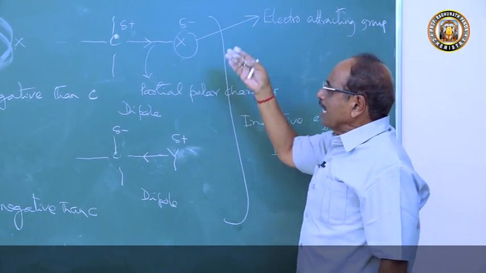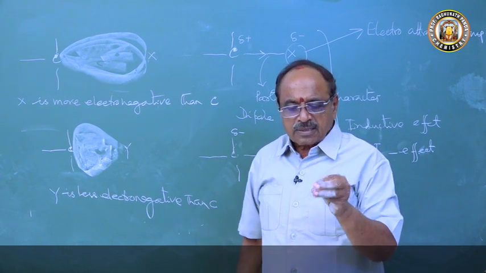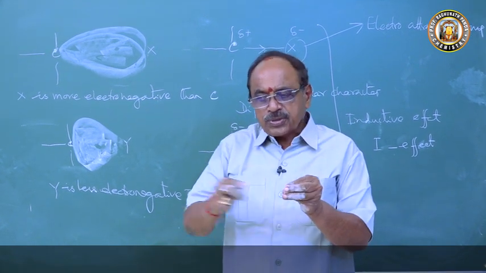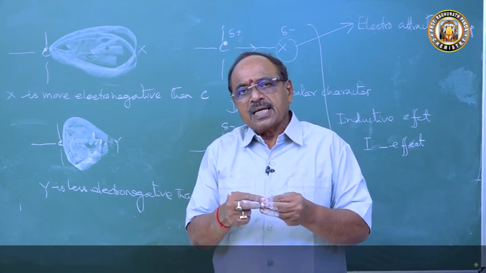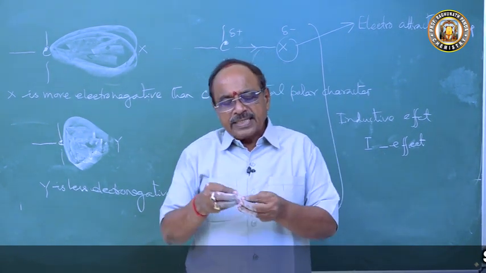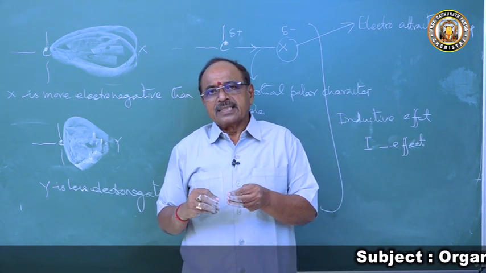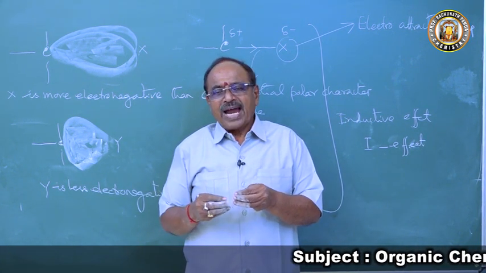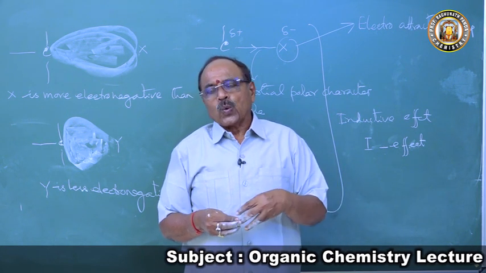So what is going away from carbon? When you have studied in vectors, from the origin, when it goes away or it comes to the origin, or in a system when the heat flows away from the system to outside, that is called exo, and when the heat comes into the system, it is called endo.